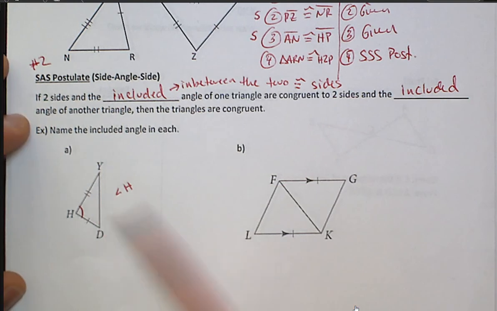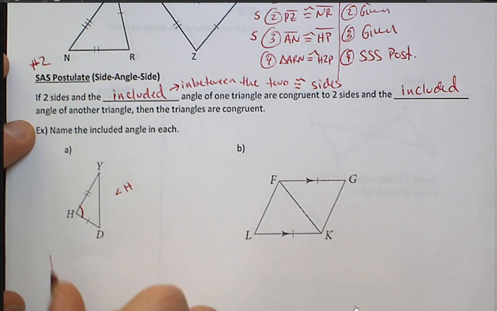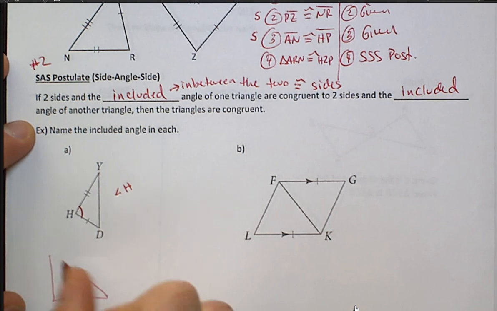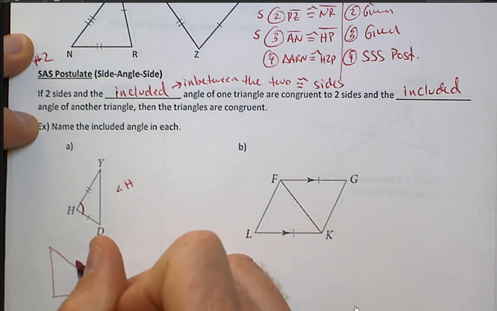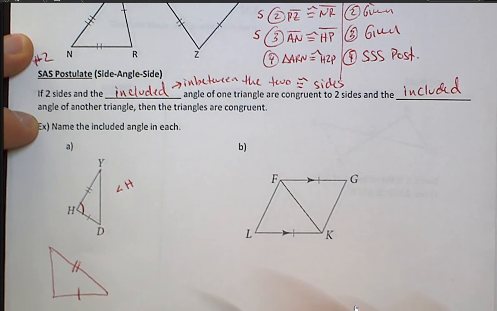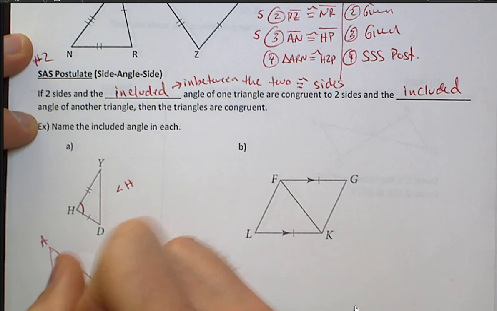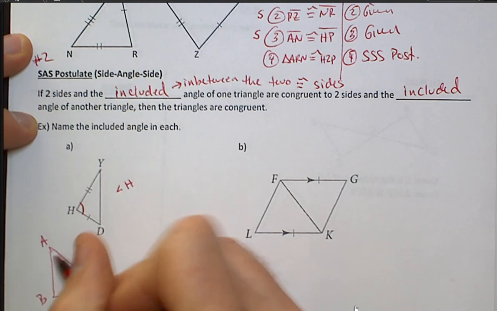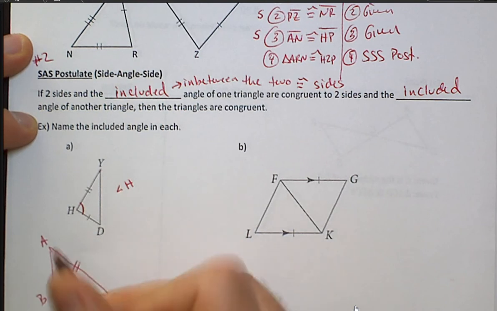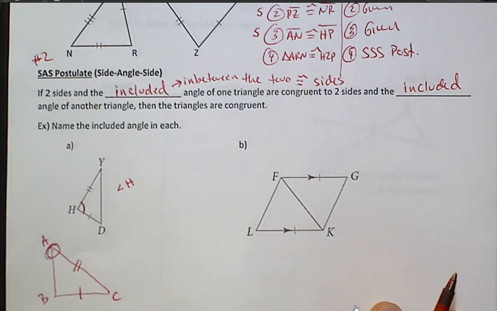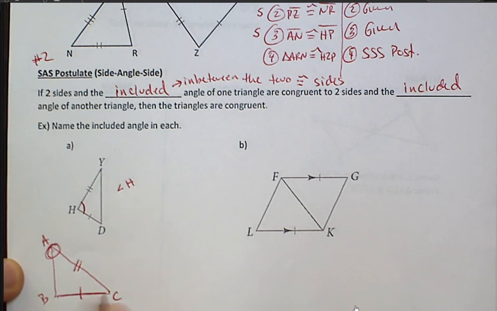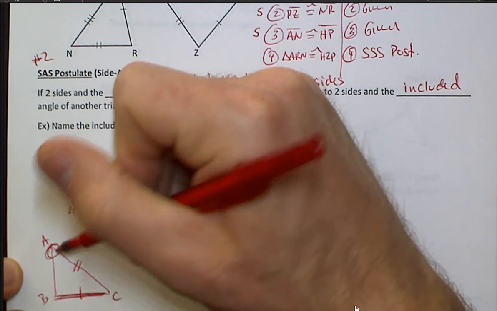Let me give you an example of one that's not, just so you can kind of get an idea. Okay? So hopefully you can see that. If I put a double tick mark here and a single tick mark here, I'll just call it ABC. And I said, oh, Mr. Skelton, angle A is the included angle. Does that angle that I circled, is that in between the 2 sides that are congruent? And the answer is no, because look at, here's this side, I'll kind of darken it in, and here's this congruent side right here.